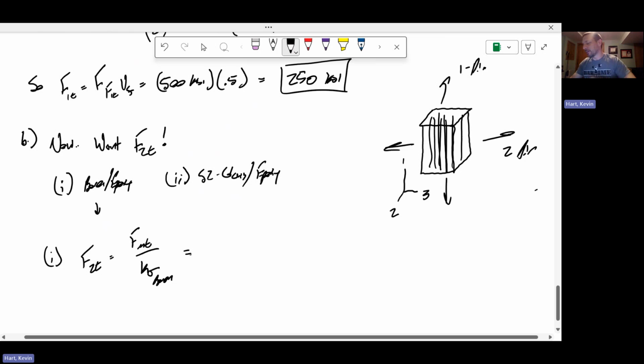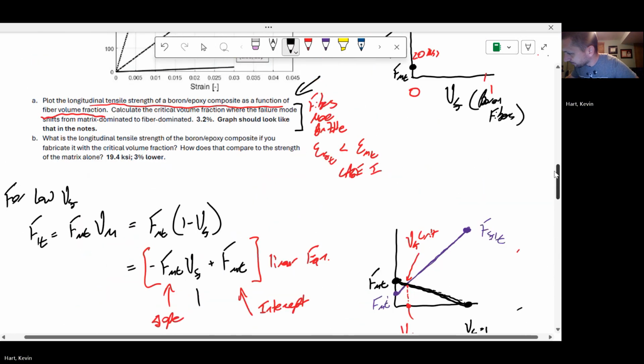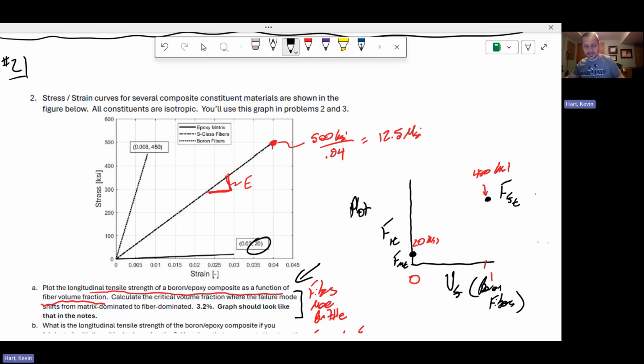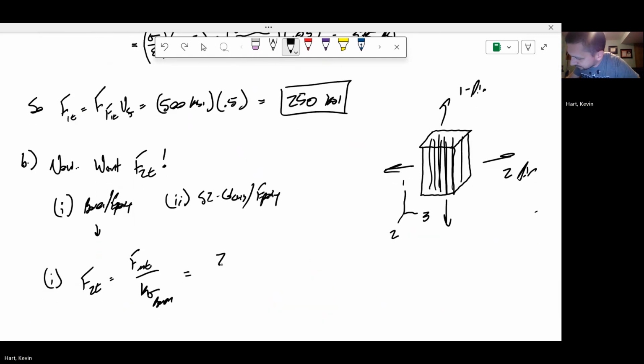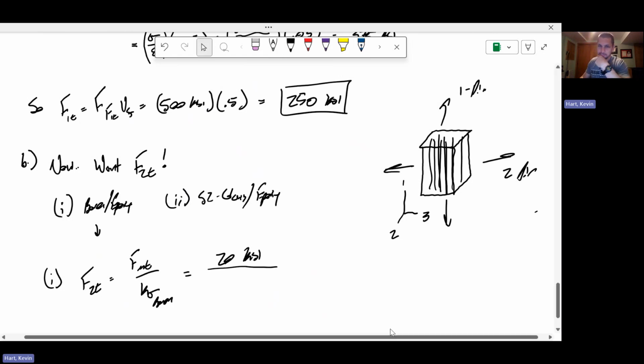Okay. Failure strength of the matrix in tension. Go back up to my graph. Failure strength of the matrix in tension, 20 KSI. Divided by stress concentration for boron.